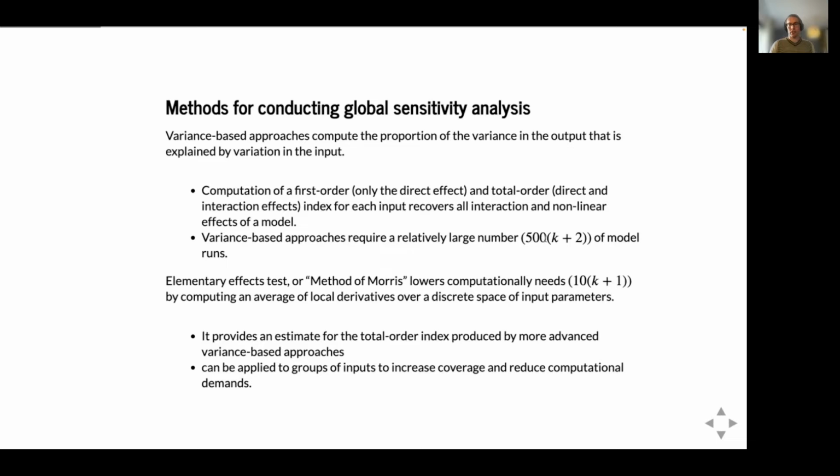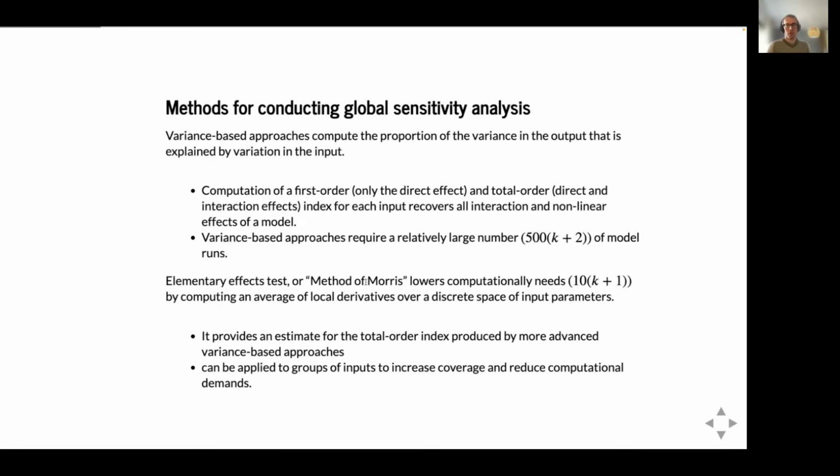You need at least 500 model runs to get some decent results, and K is the number of parameters, so that's 500 times the number of input parameters that you're perturbing. For most energy system models, this isn't really feasible, because even with a couple of minute run times, that's not possible. However, there are more efficient methods.